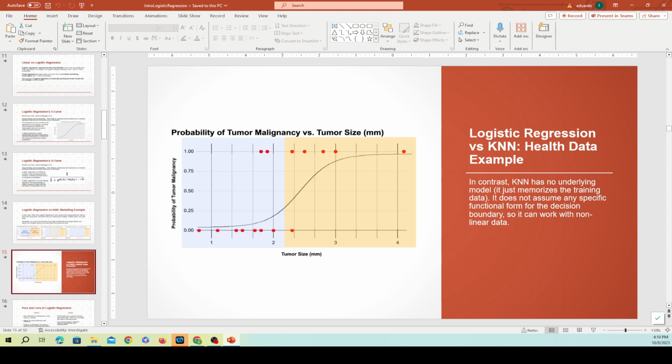You can determine what that threshold would be for your model. Okay, so here this is determining with the probability if it is a malignant tumor or not.